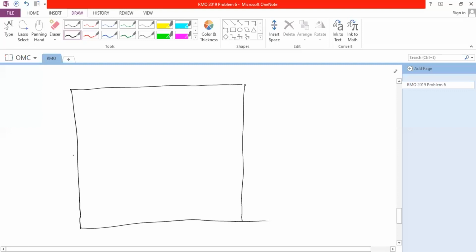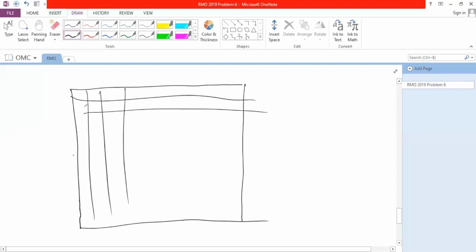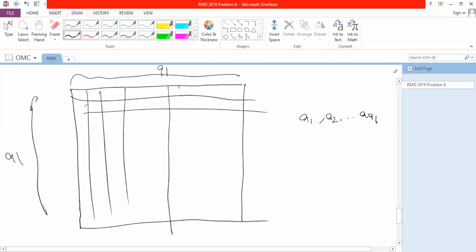We have 91 rows and 91 columns. And let A1, A2 to A91 be the numbers. Now we color a cell black in the following way.